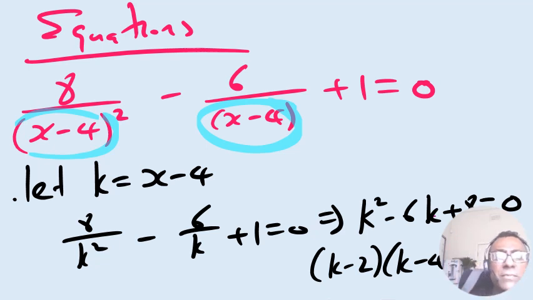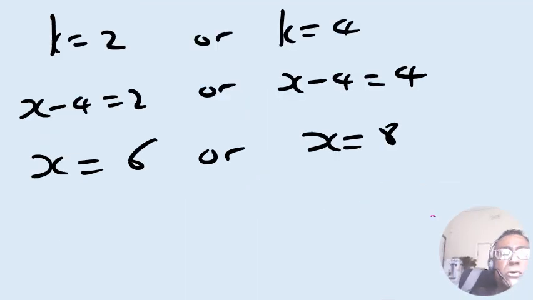We multiply throughout and end up with a quadratic, k squared minus 6k plus 8 equals 0. We can factorize that easily: k minus 2 into k minus 4 equals 0. So there are two solutions: k equals 2 or k equals 4.